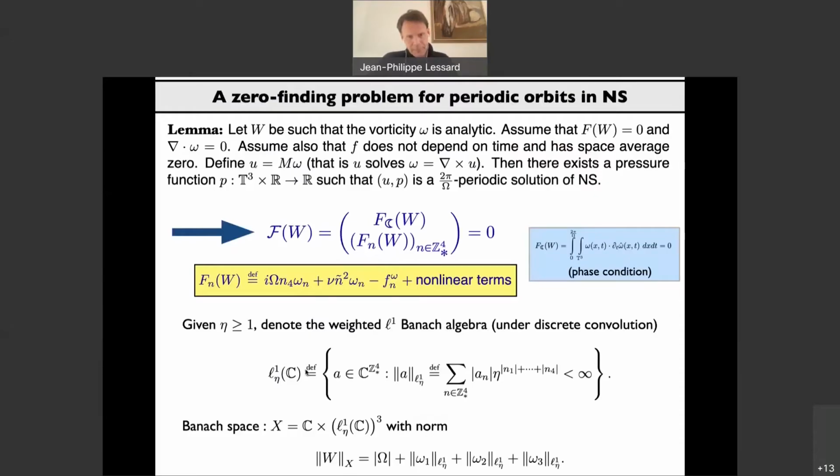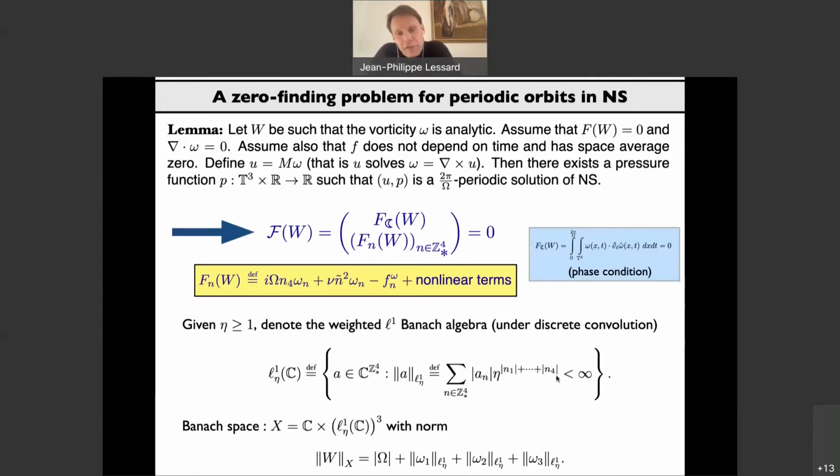I fix a number eta greater or equal than 1, and I define the sequences A indexed over Z^4 such that the weighted L1 norm, which is the following here, is finite. If eta was equal to 1, that would just be L1. That norm incorporates this weight here, so it's basically a weighted L1 space.